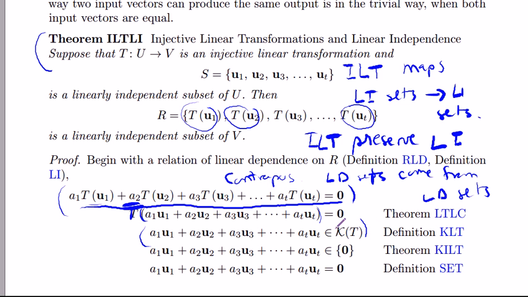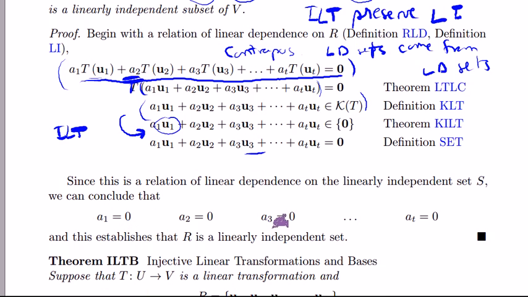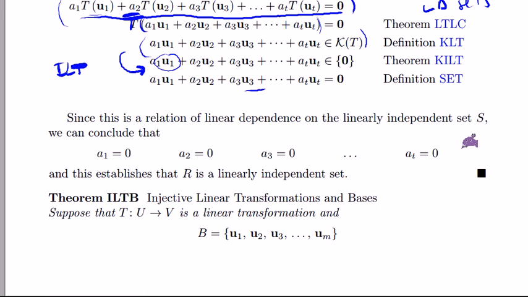Now, if we have an injective linear transformation, then the only vector in the kernel is the 0 vector. So we get that, in fact, this linear combination of vectors in U, which is in the domain, must be the 0 vector. So what have we shown? We've shown that linear dependence comes from linear dependence, which is the same thing as saying linear independence maps to linear independence. Okay, so that establishes this theorem.